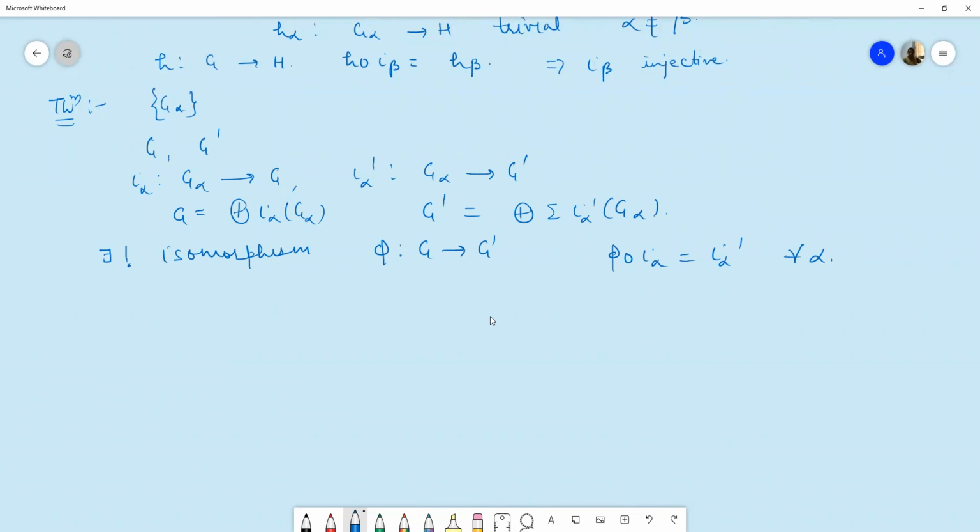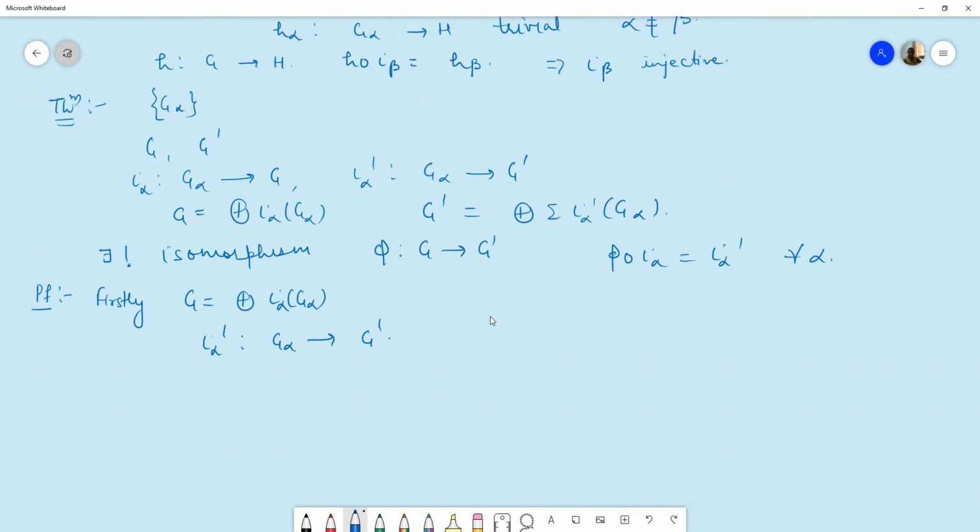Now here we will apply the previous lemma, in which we proved the external extension condition. We will apply the lemma 4 times here. Firstly, we take G to be the external direct sum of the groups G alpha, and we take I alpha dash to be the monomorphisms from G alpha to G dash.